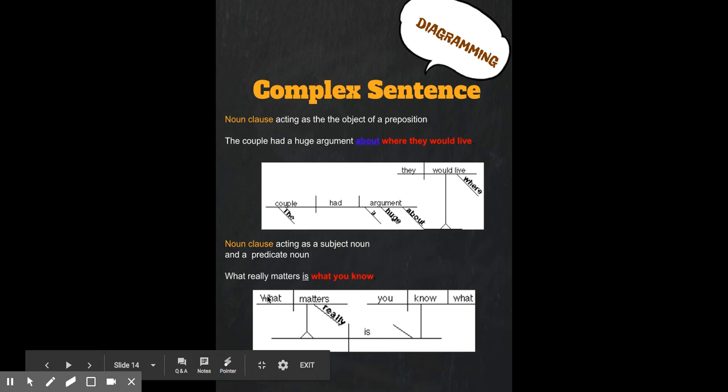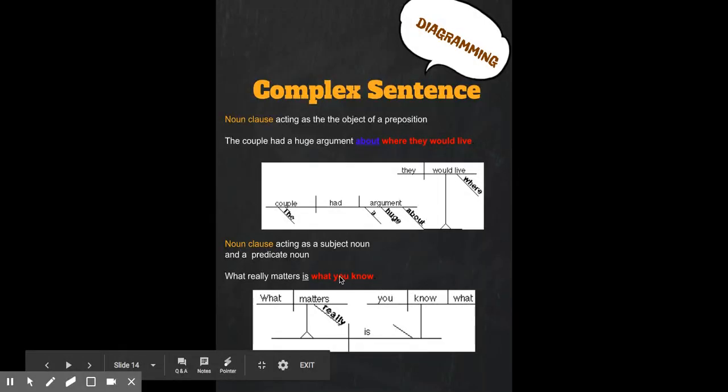What is, in this case, our noun, matters is our verb, and really is modifying or describing matters. But it's functioning as the subject of our sentence as one whole unit. Is the linking verb, and then we have a predicate nominative, a noun. But again, this whole unit is acting as the single noun, as the complement. It's not just you, it's not just know, it's what you know.